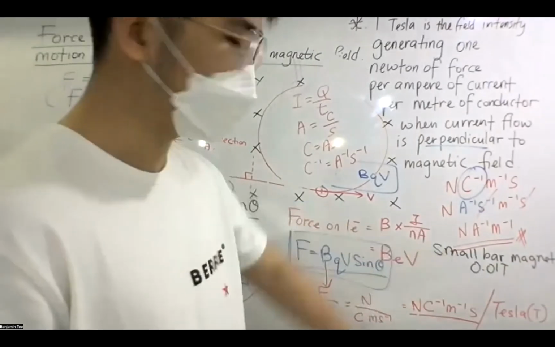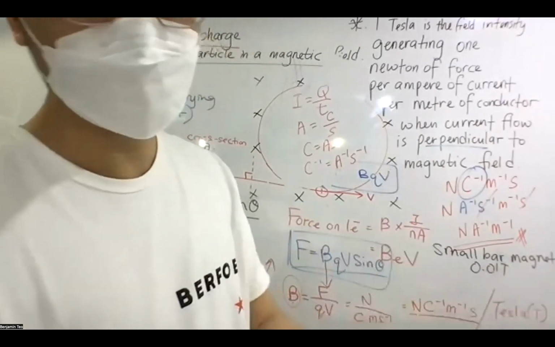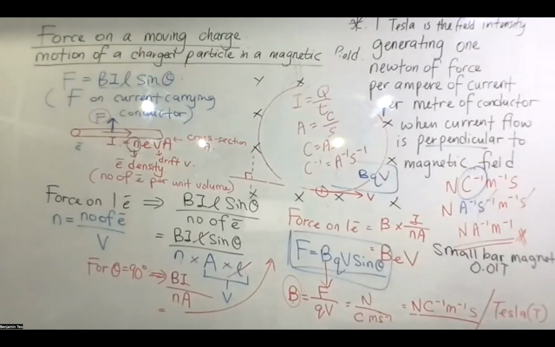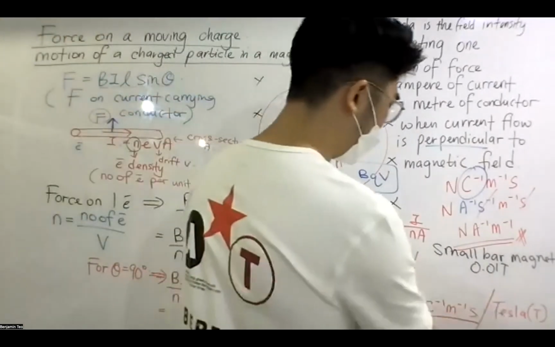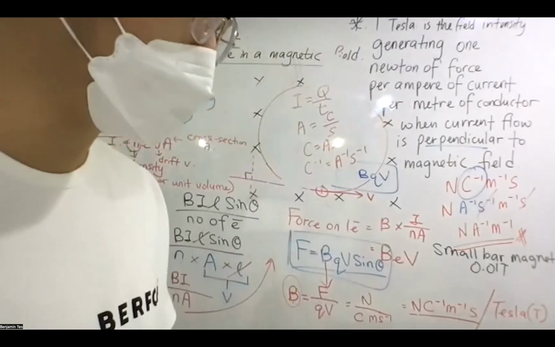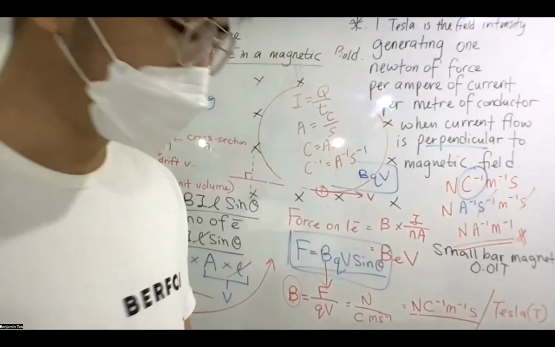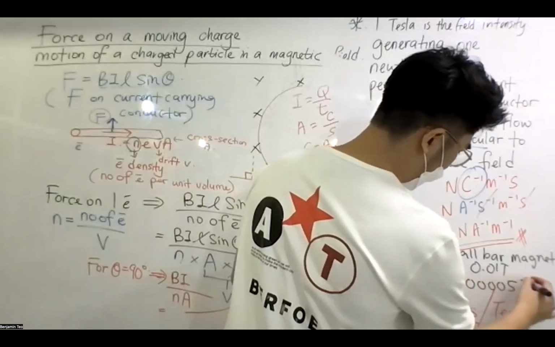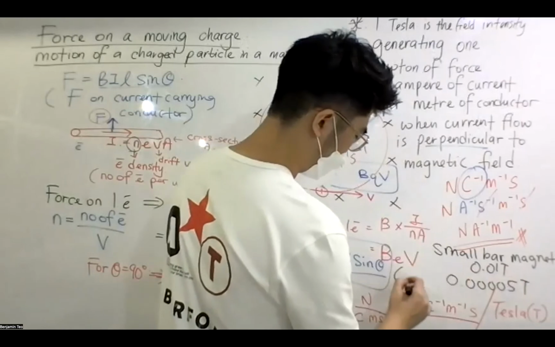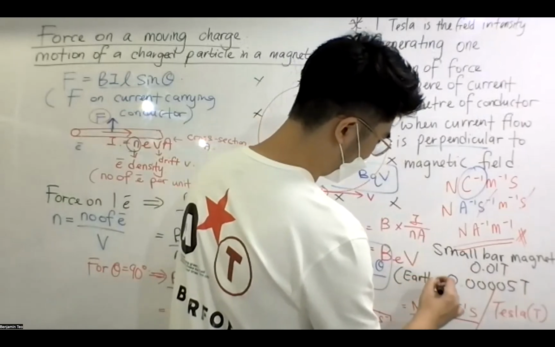Usually it's a very small number. Sometimes in the question you will see milli Tesla, micro Tesla, which are small numbers. The Earth magnetic field is also very small, 0.00005 Tesla. Earth field.